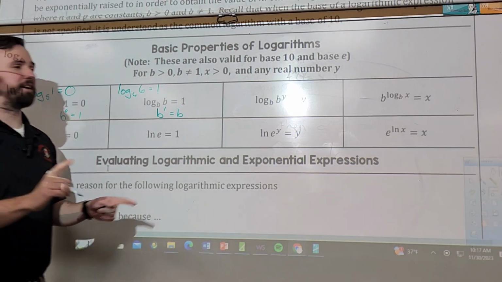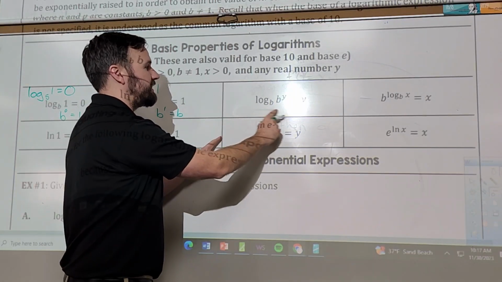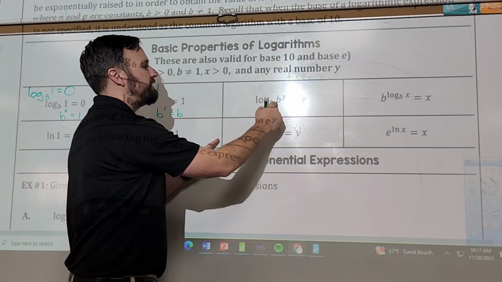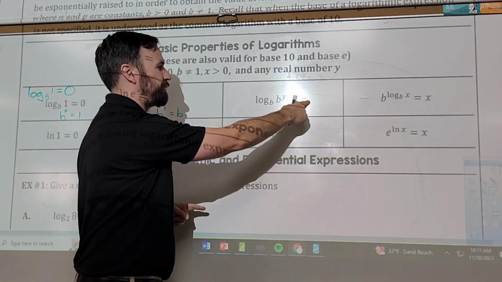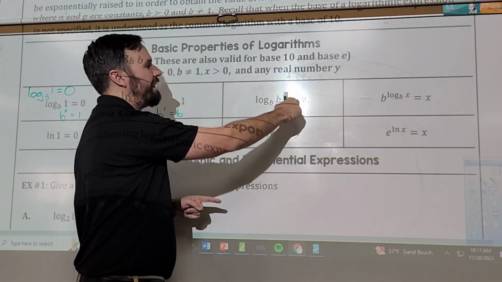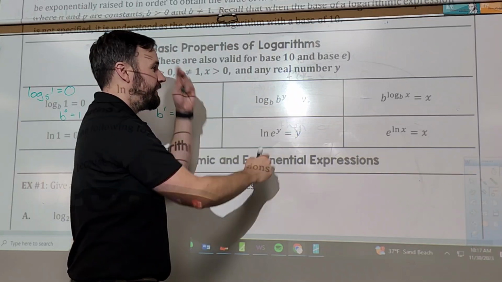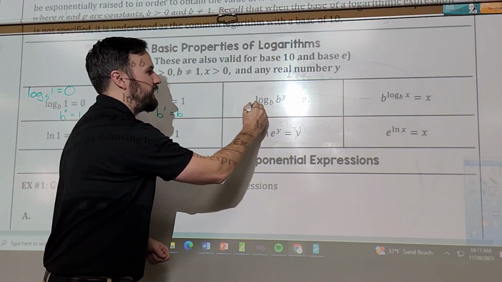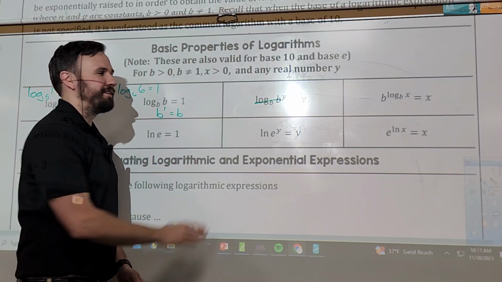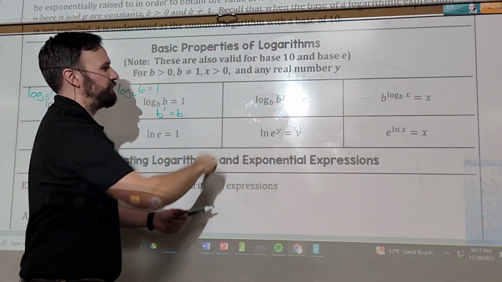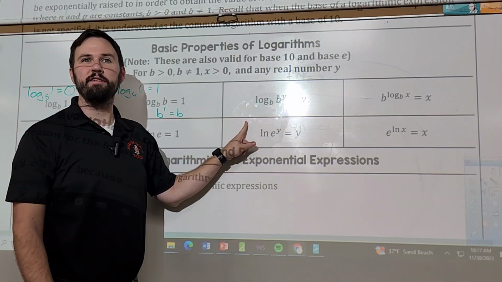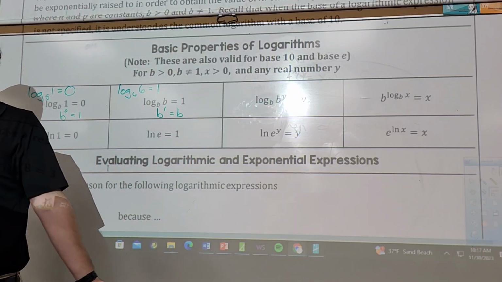We're going to do a lot of this stuff. Now watch this. Log base b of b to the y equals y, because b to the y equals b to the y. This is a way to cancel out an exponent. If you're solving an equation, we're going to get to it. How do I get the exponent down? I do log, and it'll move the exponent down.